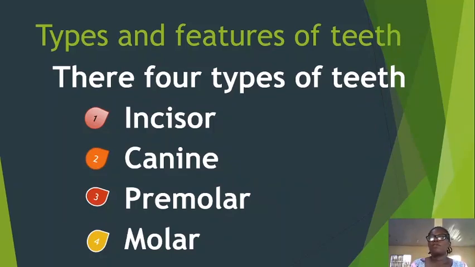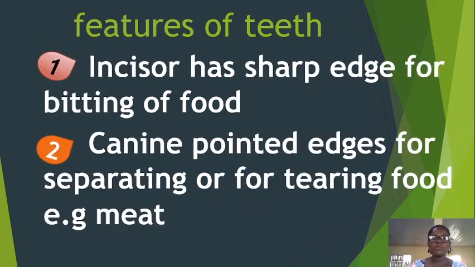Types and features of teeth. There are 4 types of teeth, and they are the incisor, the canine, the premolar, and the molar, which I'm going to show you in my picture. Now let's consider the features of these teeth.